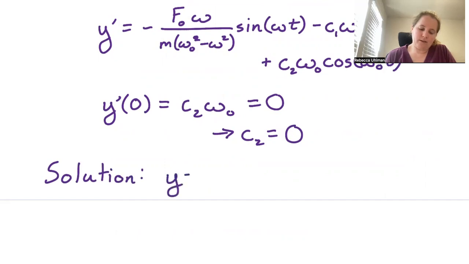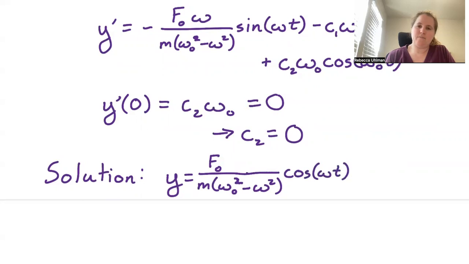So we wind up with our solution of y is equal to f naught over m times omega naught squared minus omega squared times the cosine of omega t. And then we have minus f naught. Actually, I'm going to put this in parentheses. That becomes minus just 1 times cosine of omega naught t.